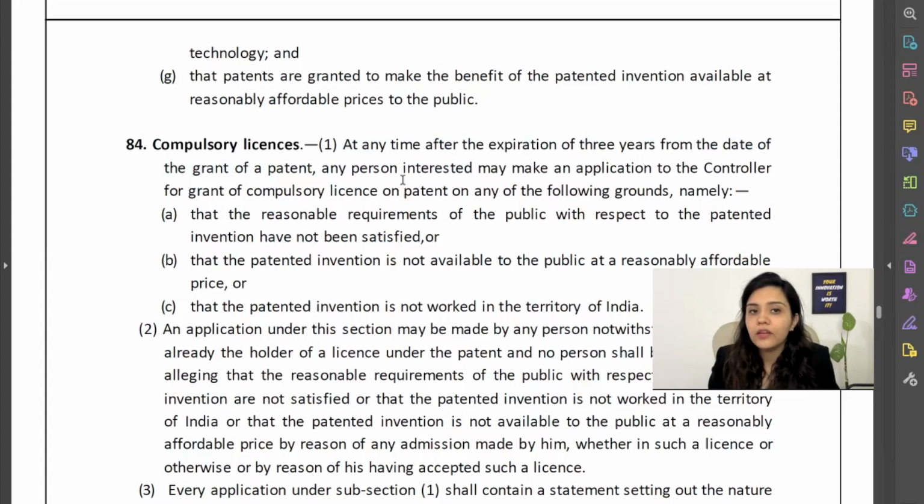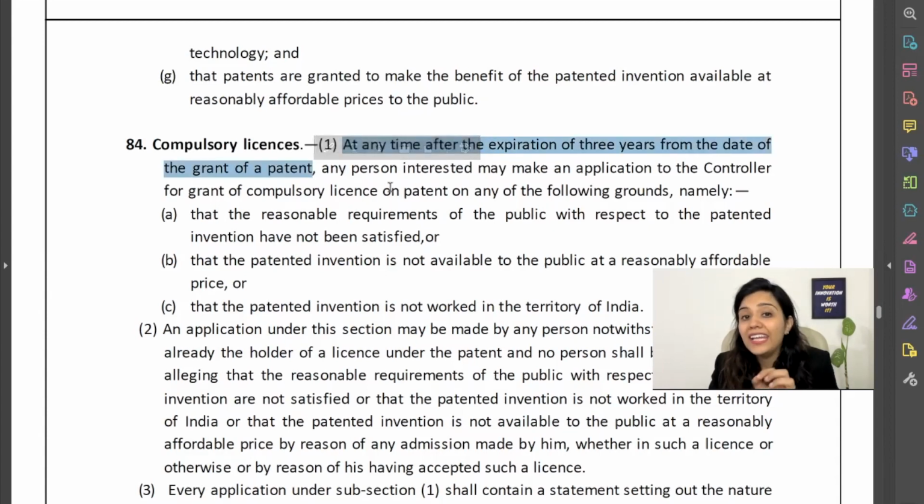So who can apply? Any person interested can apply for a compulsory license at any time after the expiration of 3 years from the date of grant of the patent, provided any of these three grounds are met.